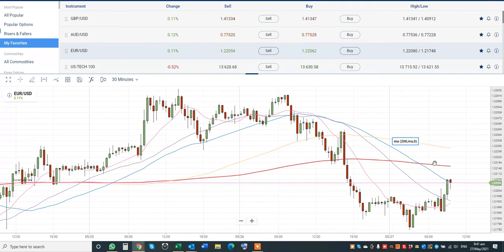So with the 100-hour above the 200-hour, it could very well be that the euro US dollar is going to go up. And the jobs report this afternoon will be a big indication as to what the currencies against the dollar are going to do, as well as the US indices such as the Dow and the S&P 500 and the Nasdaq futures that we are trading.